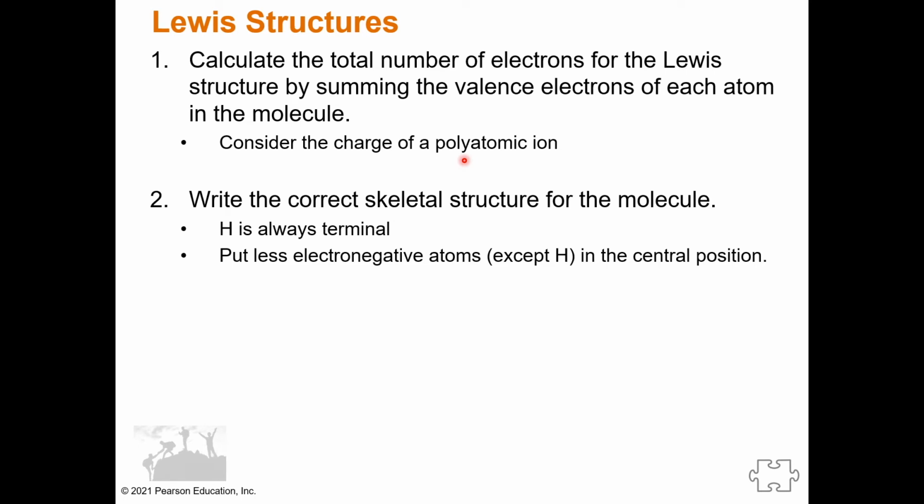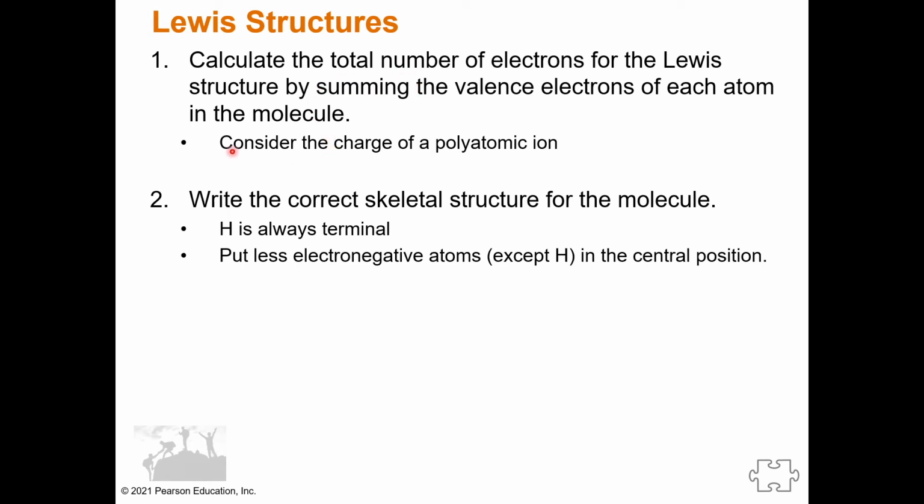So let's say that your polyatomic ion has a +3 charge. You're going to have to deduct 3 electrons from your original total. If you have a polyatomic ion that's 2-, that means you need to add 2 electrons to your original total.